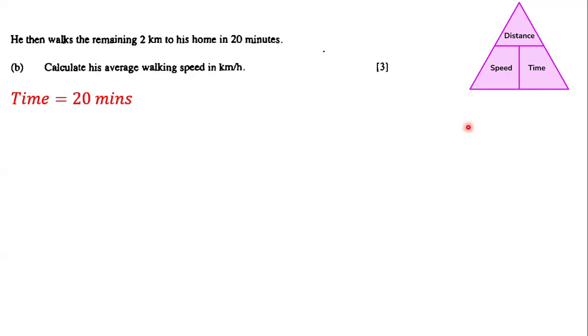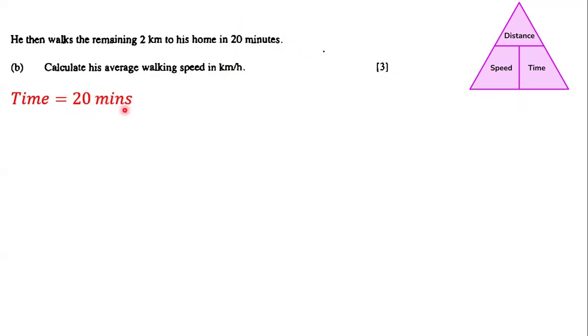And so first of all, we're going to take the 20 minutes and convert it into hours. The reason we want to do that is because they want the average speed in kilometers per hour, not kilometers per minute. Now we know that 1 hour is equal to 60 minutes.